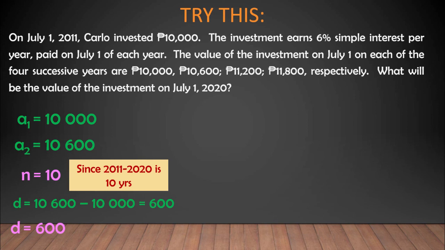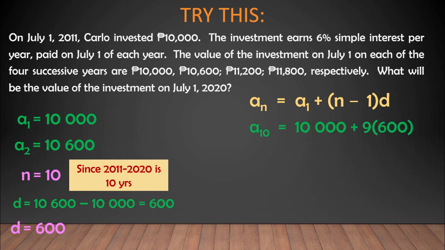Now, to solve for the value of the investment after 10 years, we will use this formula for arithmetic sequence. So our n here is 10, therefore a sub 10 will be equal to 10,000 plus 9 times 600.